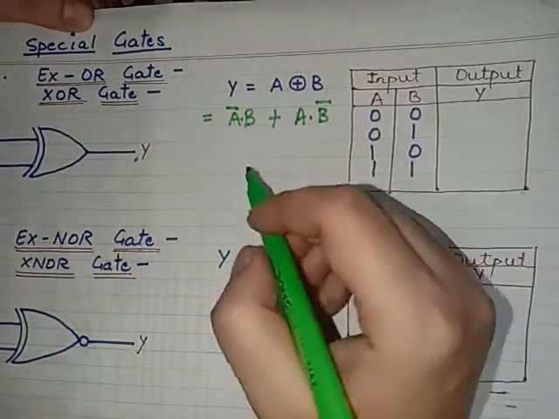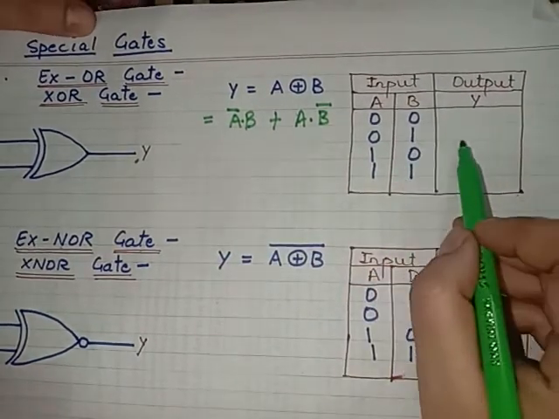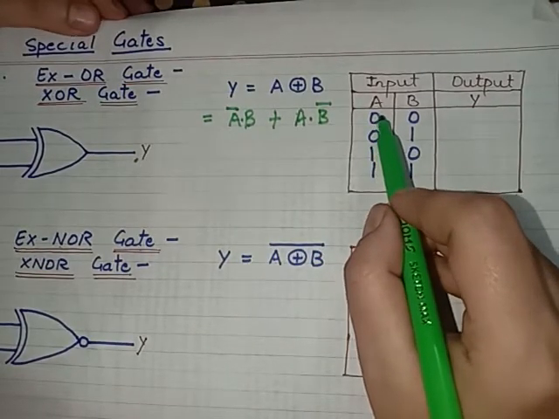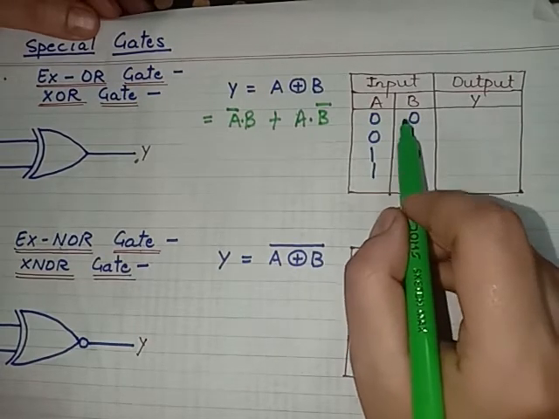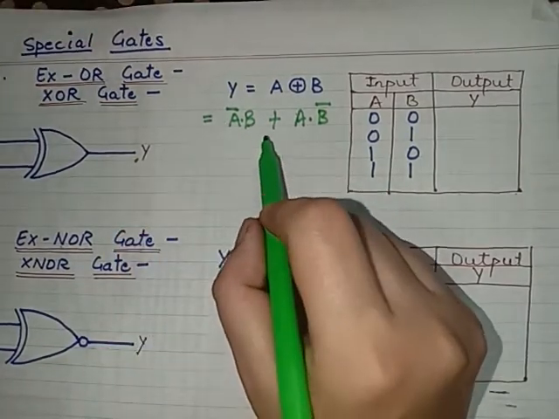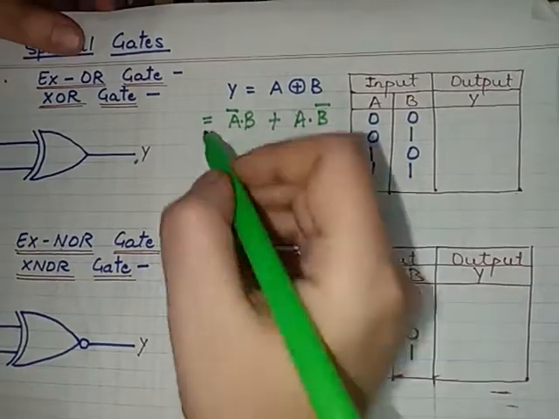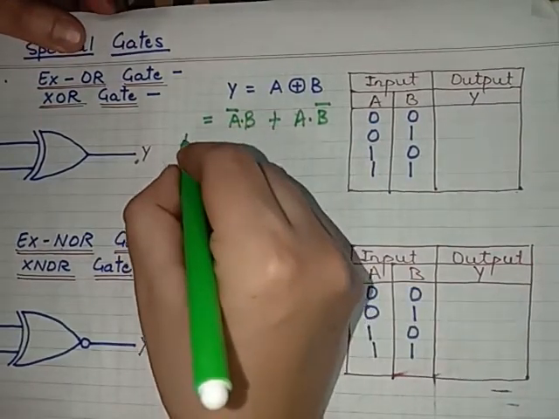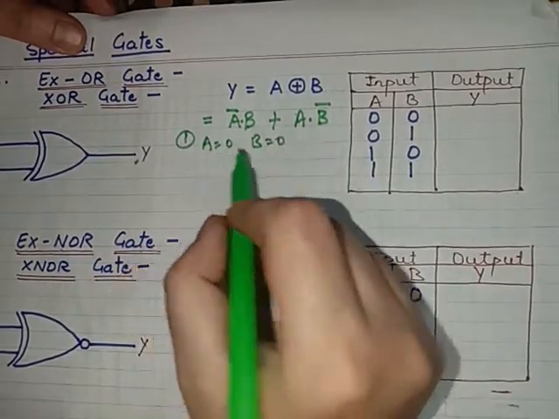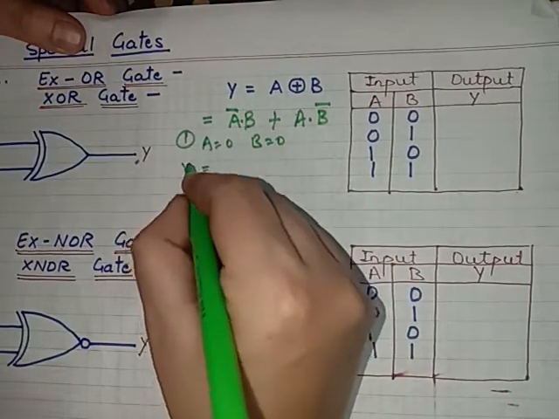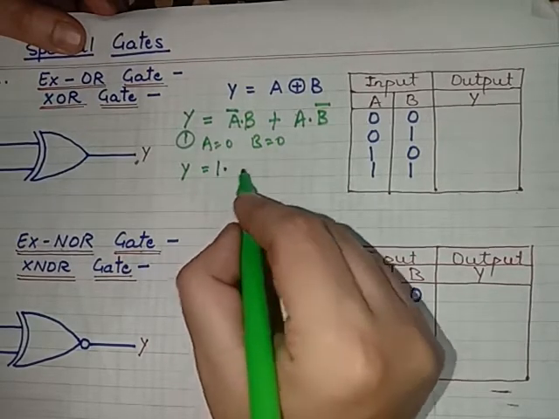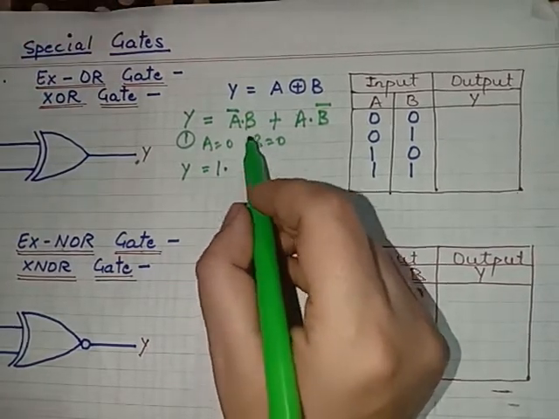So we are going to get the output according to this expression actually. So when both the inputs are 0 0, A is 0, B is 0, then the output will be collected from this. Like if both of the inputs are 0, A is 0, B is 0, we are just taking the first case, putting the values in this, right? Y will be equal to A is 0, then A bar will be 1, into B is 0, that means B is 0.